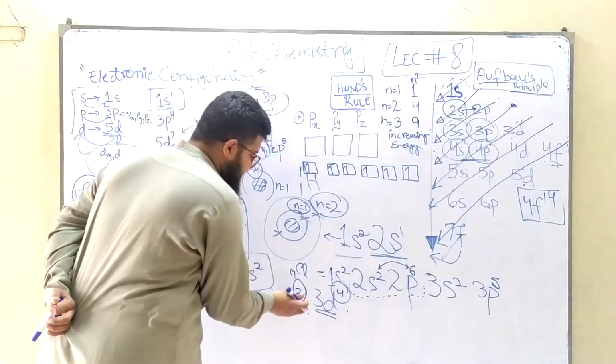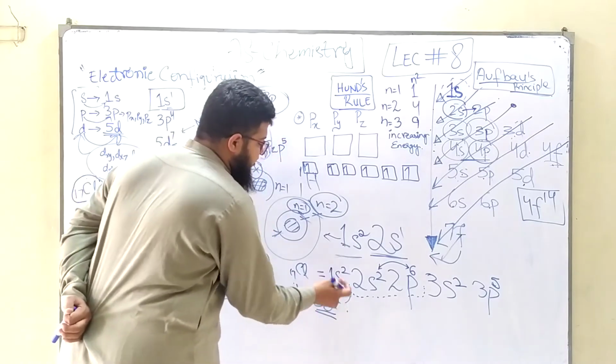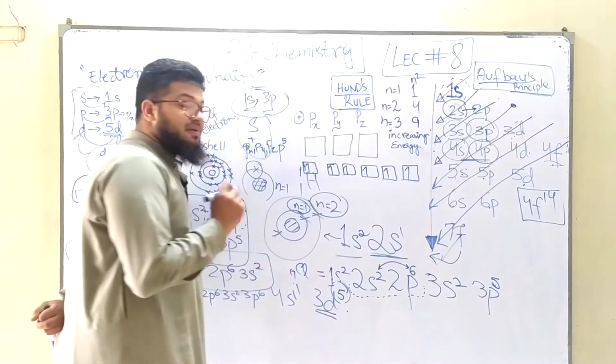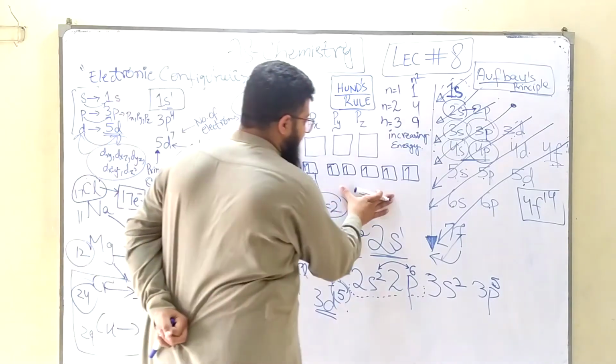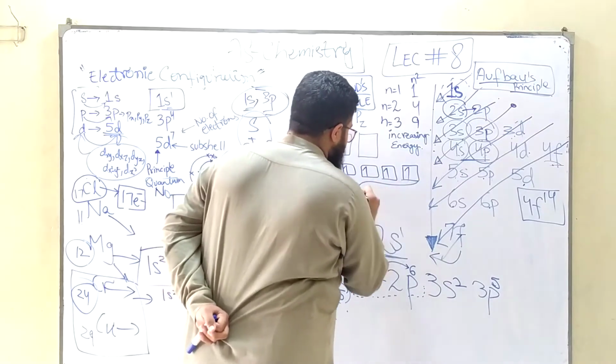This 4s instead of the 2 becomes a 1, and the 3d instead of a 4 becomes a 5, because of stability. Whenever the d orbitals are half filled, they are very stable.